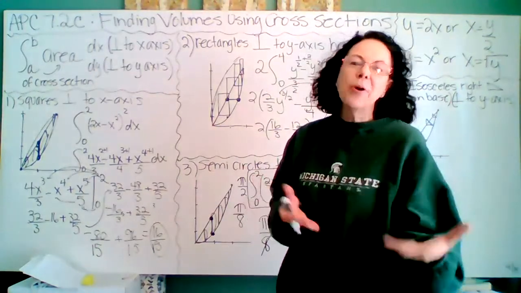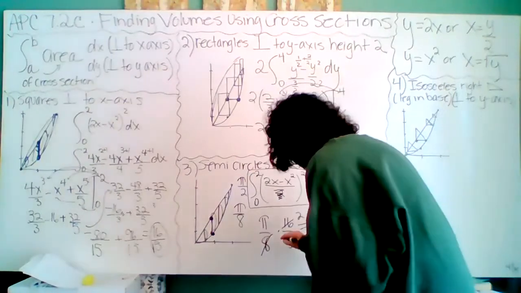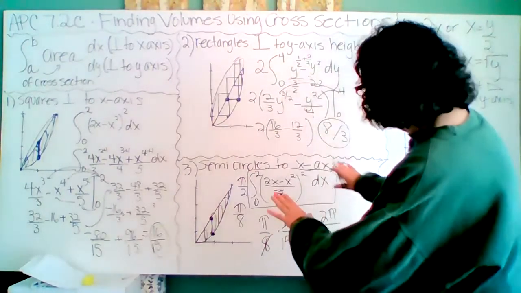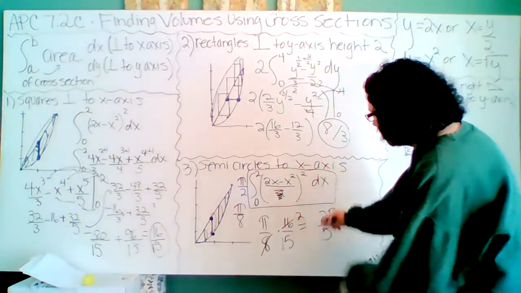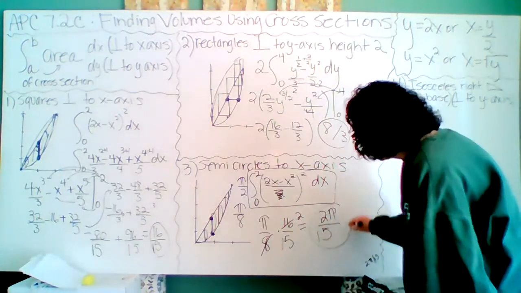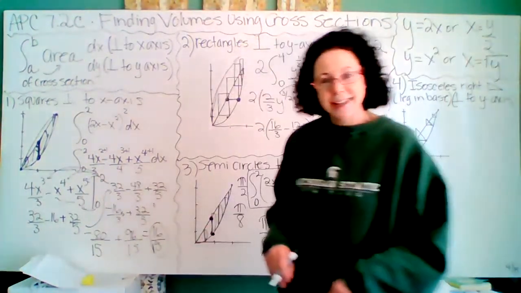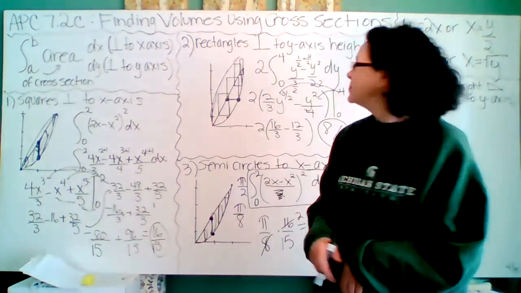We're back and we fixed it. Over here, I had the same integration. The 8 and the 16 leave the 2, and I have 2 pi over 15. Sorry about that, hope I didn't throw you off. We went back and fixed it. If you're like, oh, poor Miss Culver.